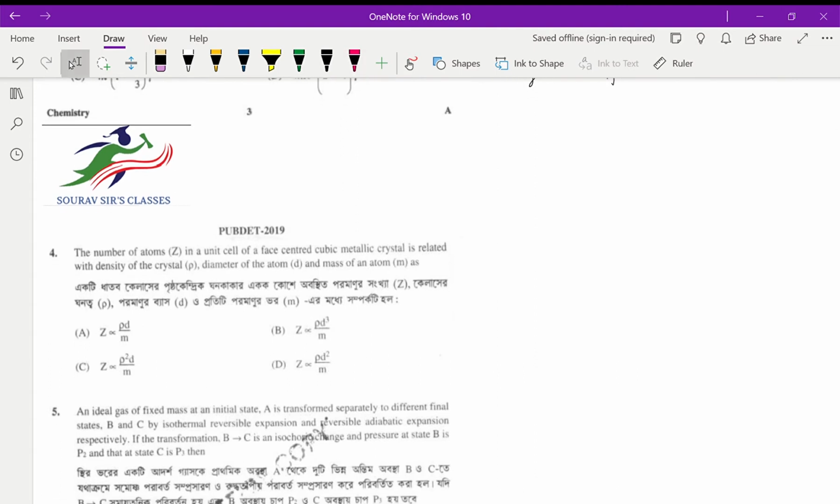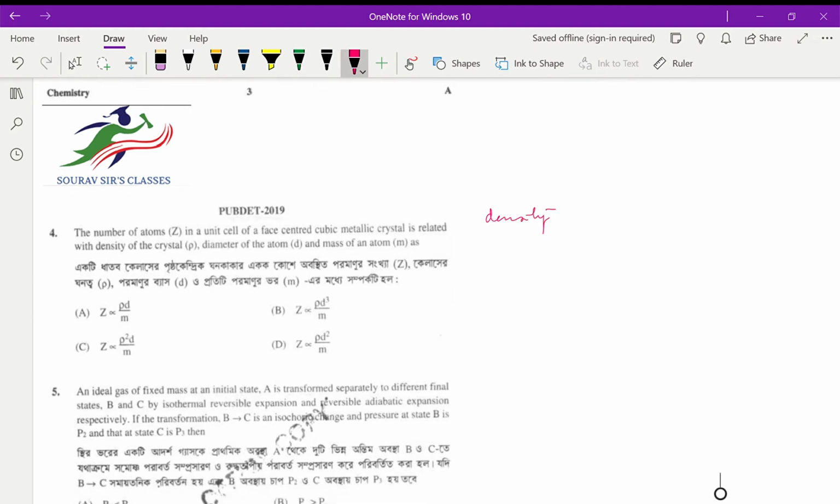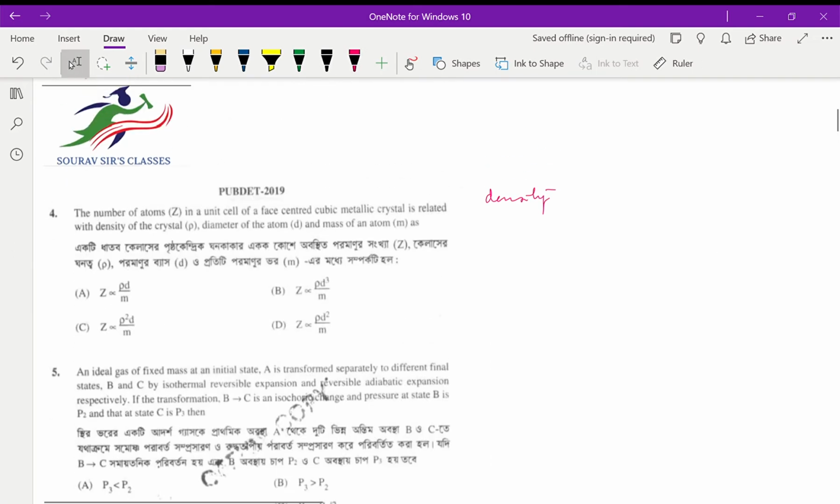So we know the density for a crystal, which is obviously rho, is related to Z, which is the number of atoms in a unit cell, or called the rank of the cell, and multiplied by the mass of the element present in the crystal.